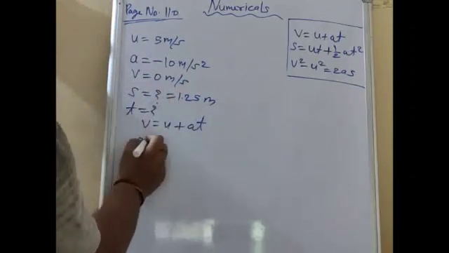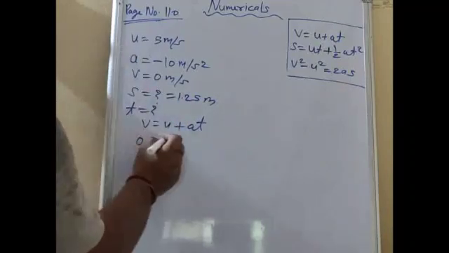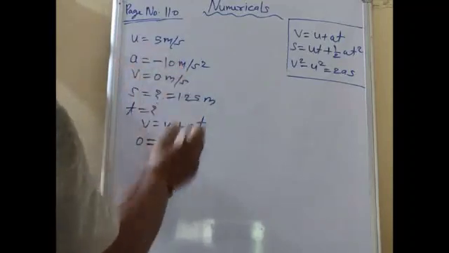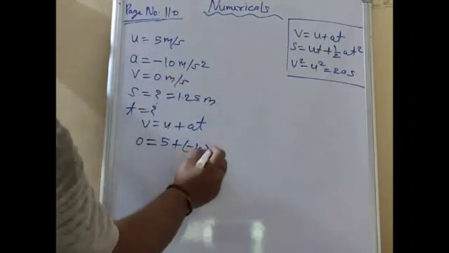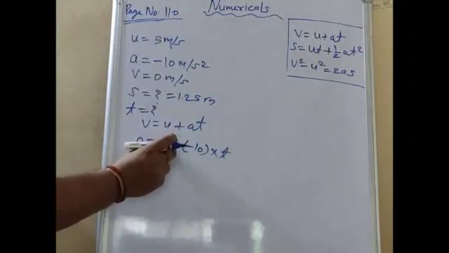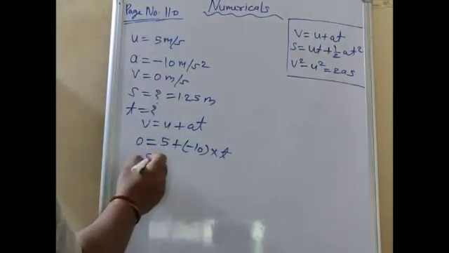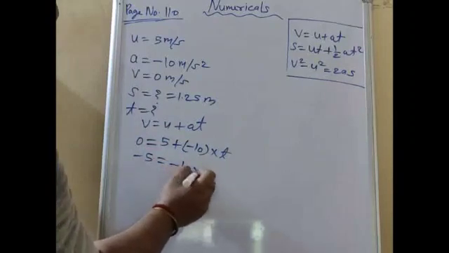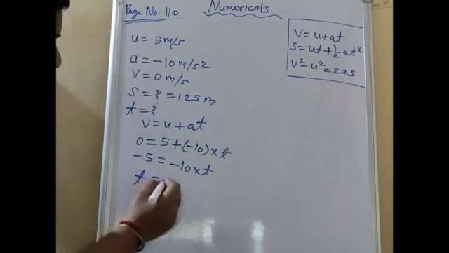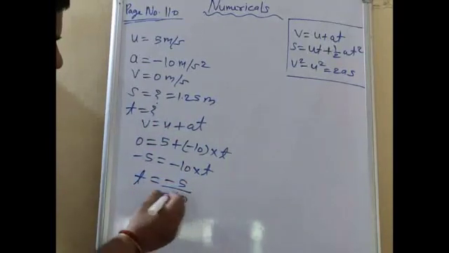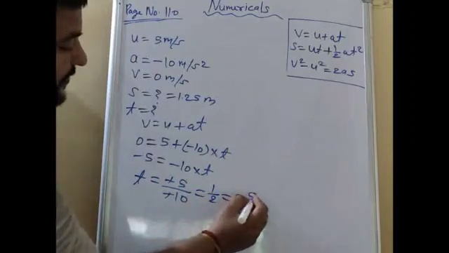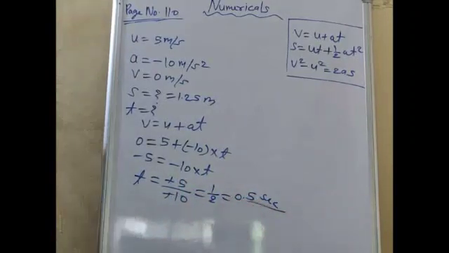So v is 0, u is 5 plus a is minus 10 into t. So 5 is here plus, just put this side, minus 5 is equal to minus 10 into t. 10 will be divided to this side, so t is equal to minus 5 by minus 10. Minus minus cancel, is equal to 1 by 2 or 0.5 second.